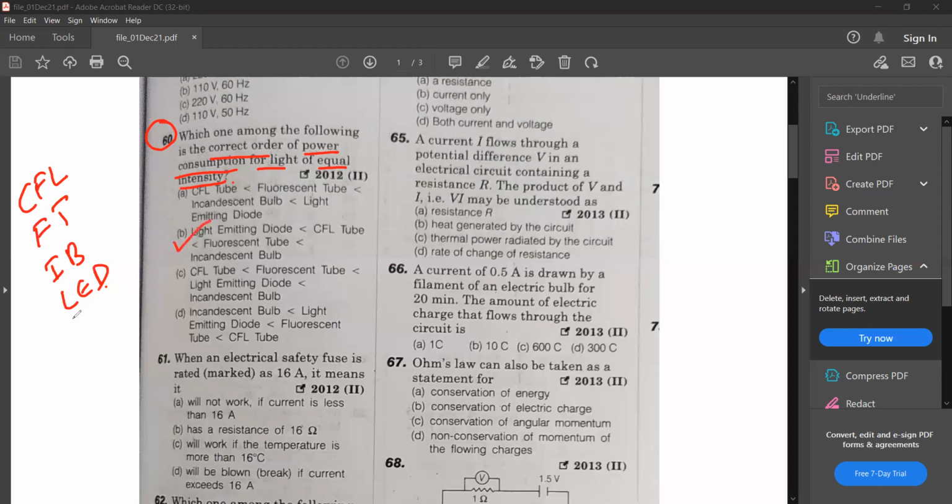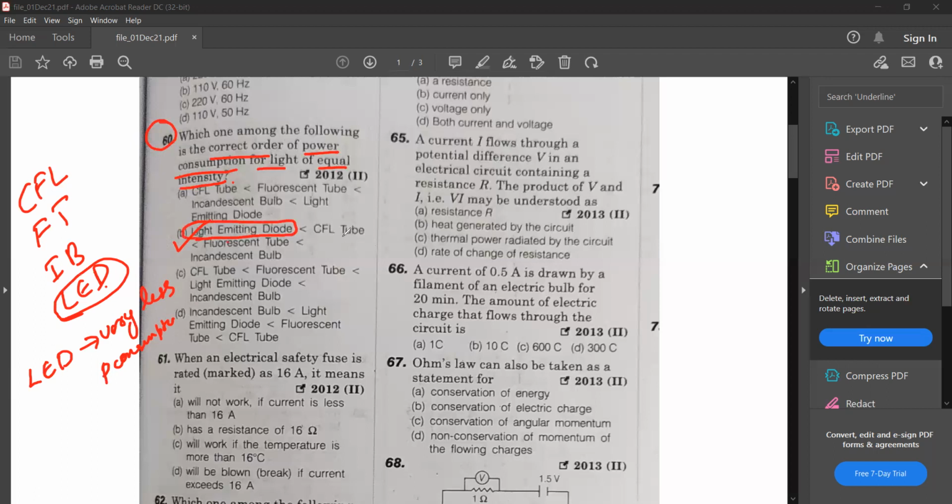Option B. See, we have already studied LED is having very less power consumption. So, from the options, light emitting diode is coming with less power in option B, isn't it?